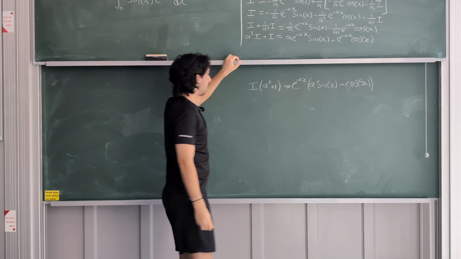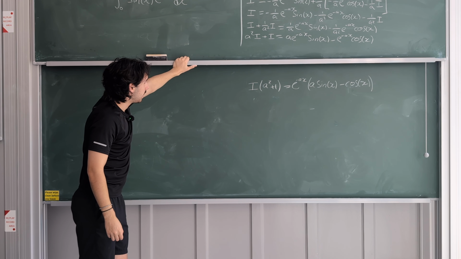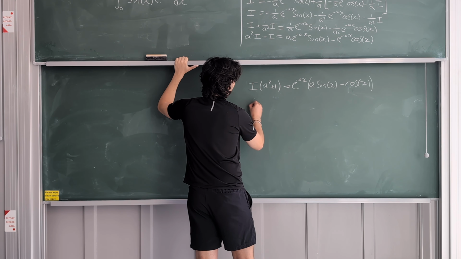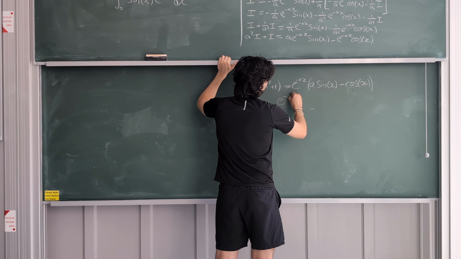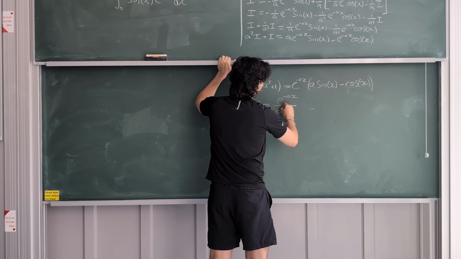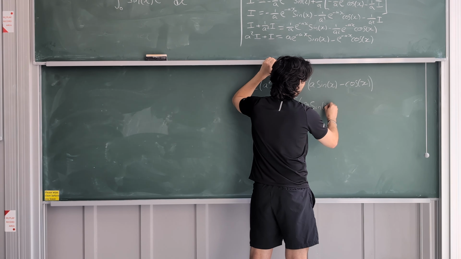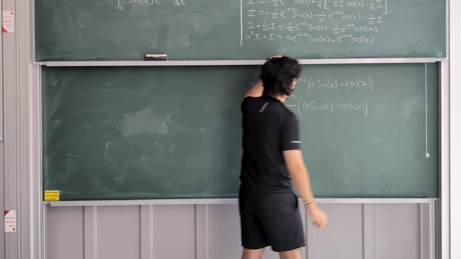At this point, we'll divide both sides by a squared plus 1. So I on its own is e to the minus ax over a squared plus 1 times a sine x minus cos x.